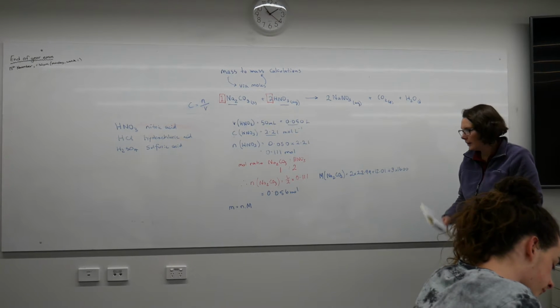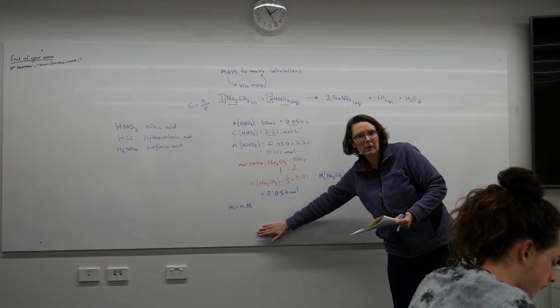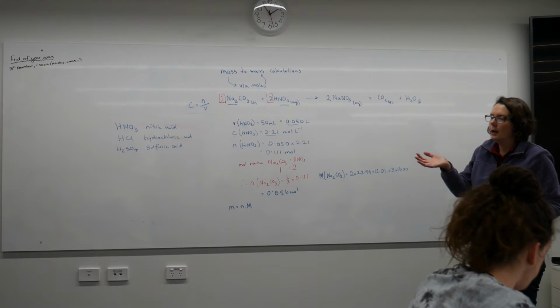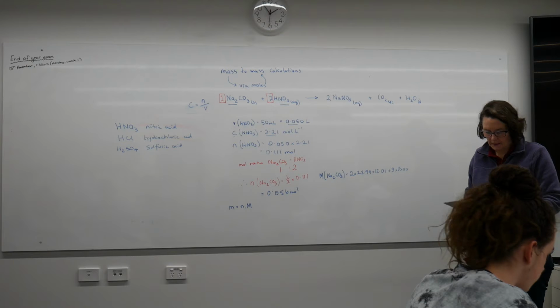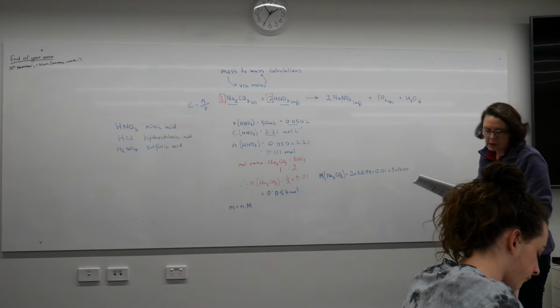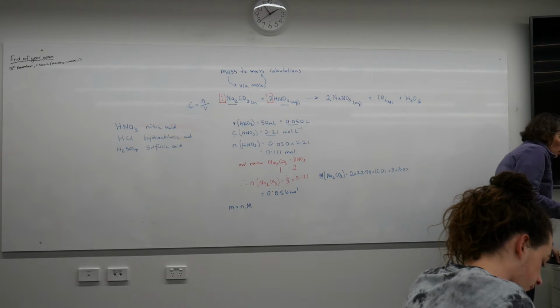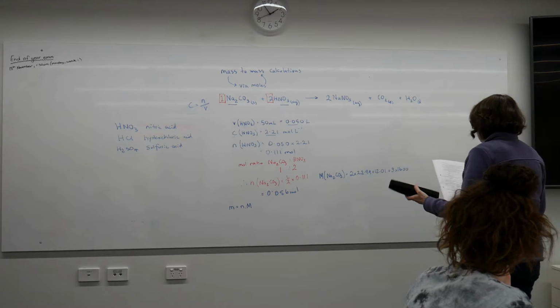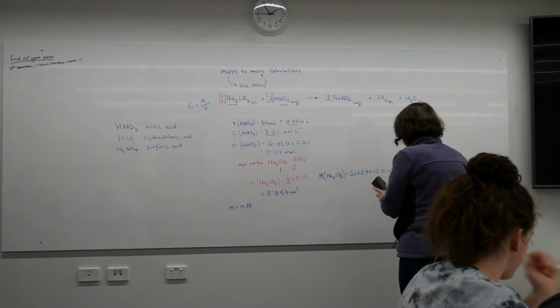We would need that information, multiplied by the moles, to determine the mass, to make sure that our reacting quantities are perfectly balanced. The example number 2 is to try and find a volume. So here we were finding moles.